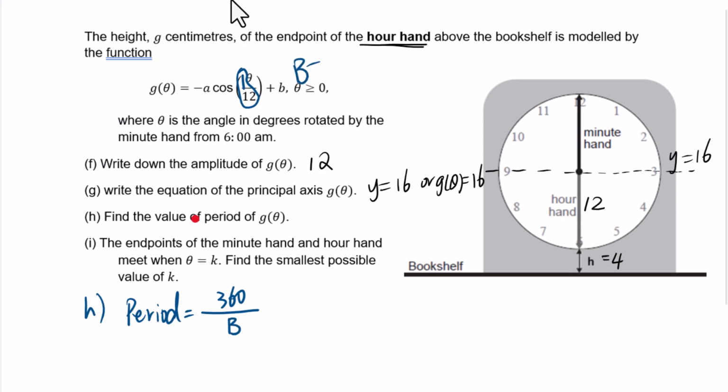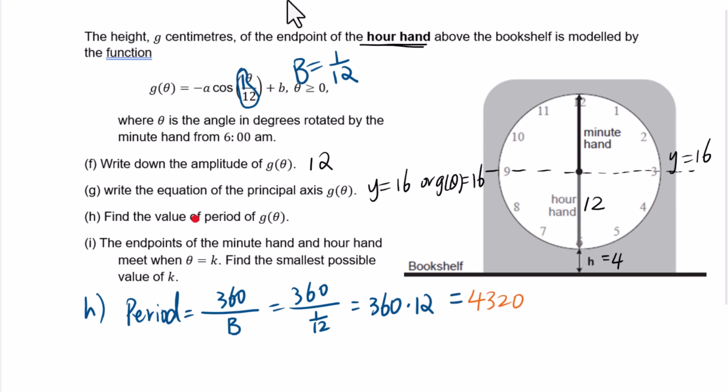This b equals 1 over 12. 360 over 1 over 12 equals 360 times 12, which equals 4,320.